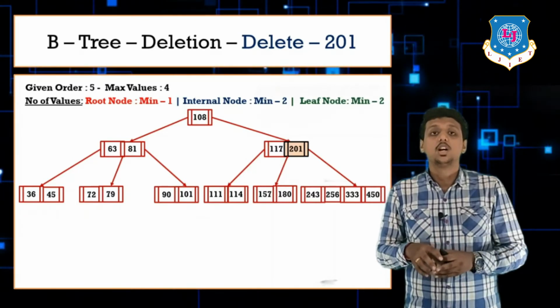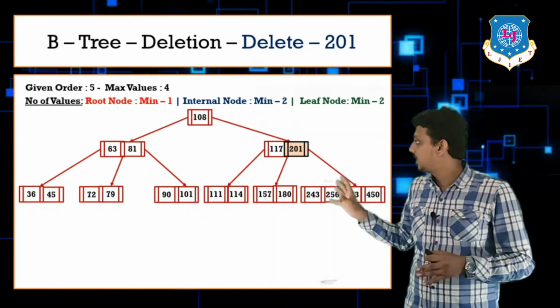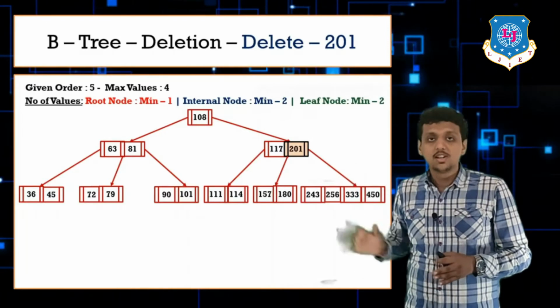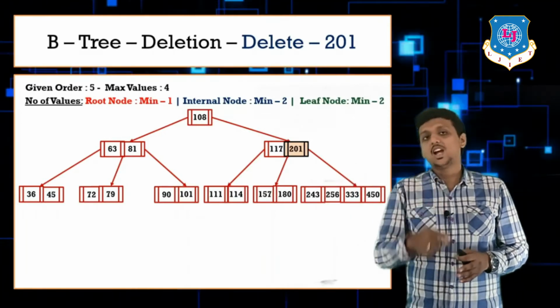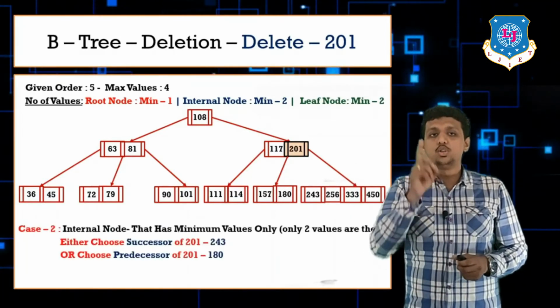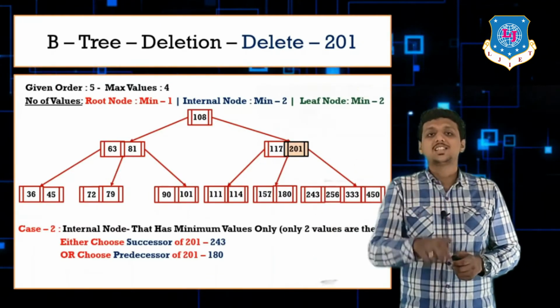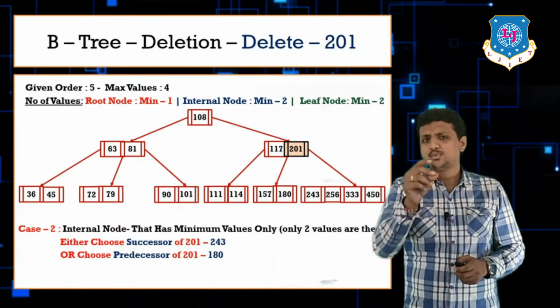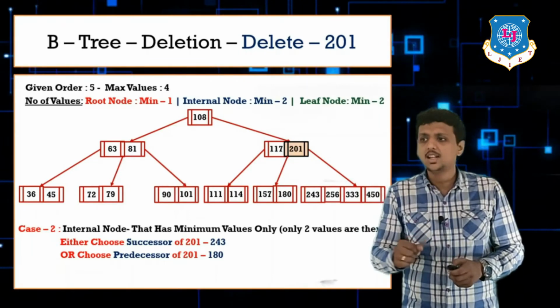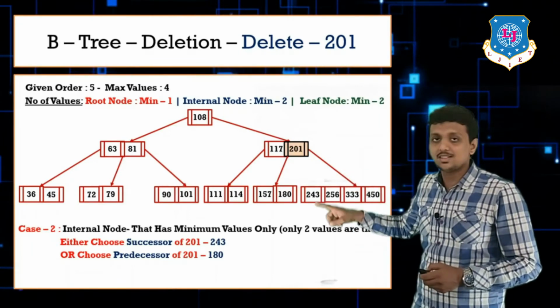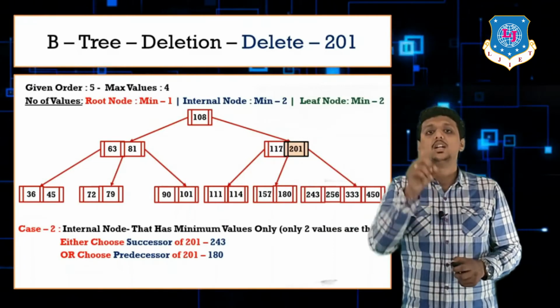So it is not right according to the B-tree rules. So what I need to do is check case number 2, where you need to select either the predecessor or the successor. From which node do I select the predecessor? You can select the predecessor or successor from its child nodes.